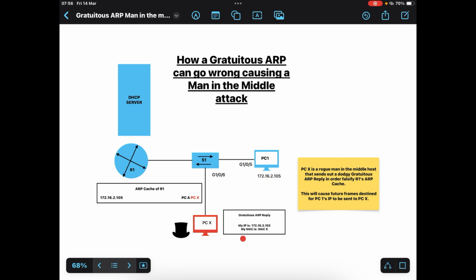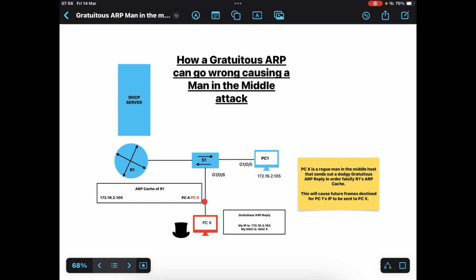However, PCX tries to alter this ARP cache, so it sends a gratuitous ARP reply saying, my IP address is 172.16.2.105. It's trying to fraudulently claim that it has that IP address when it doesn't. The MAC address is the legit MAC address, but the IP address is wrong. So the ARP cache now gets the wrong information.